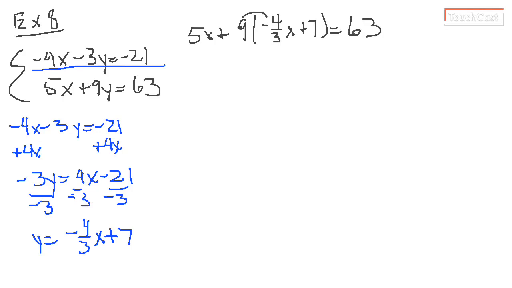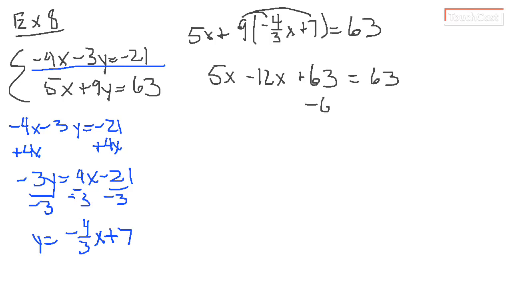We can distribute 9, and if we distribute 9 to 7, that's 63. But if we do 9 with negative 4 thirds, the 3 and the 9 can reduce. So it's going to really just be 3 times negative 4, because 3 goes into 9 3 times. So we're going to have minus 12x. I don't need to put that plus. And then bring our 5x down equals 63.